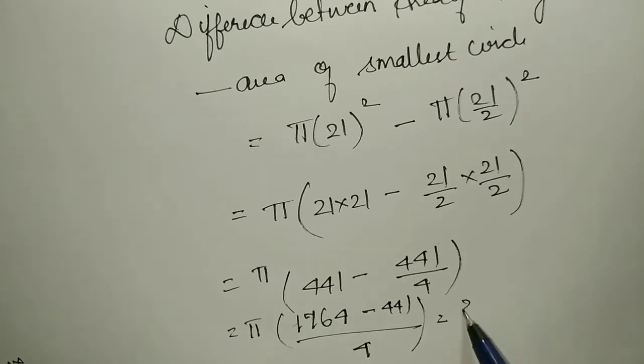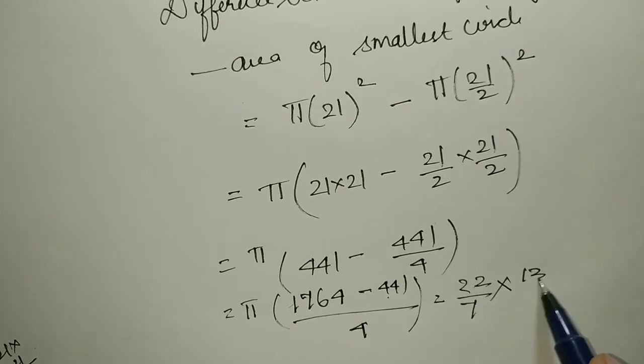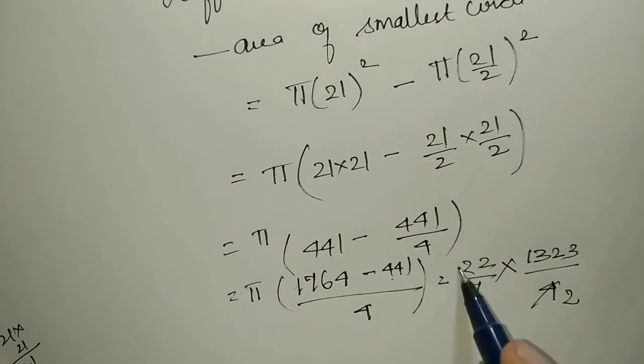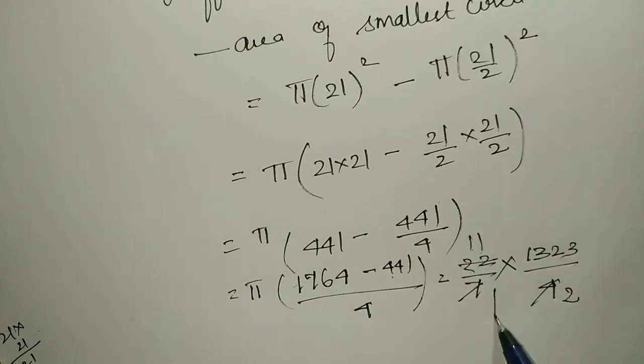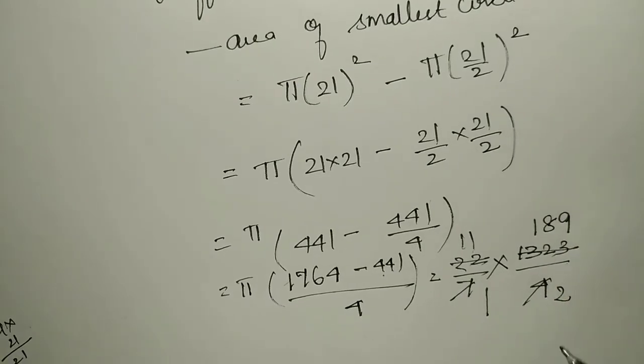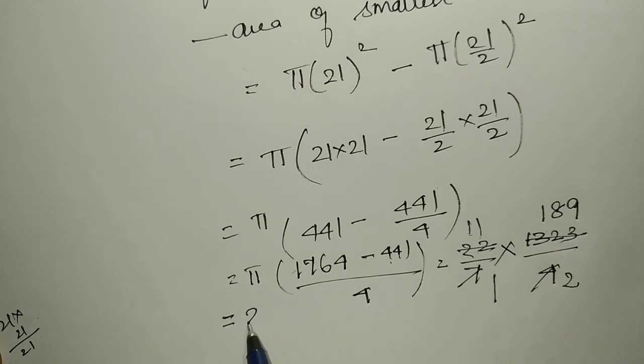So pi value is 22 by 7 into, if you subtract you will get 1323 divided by 4. 2 twos are 11 times, 7 ones are, 189. You can cancel the 7 table, and you will get this value. 189 into 11 you will get 2079 divided by 2.